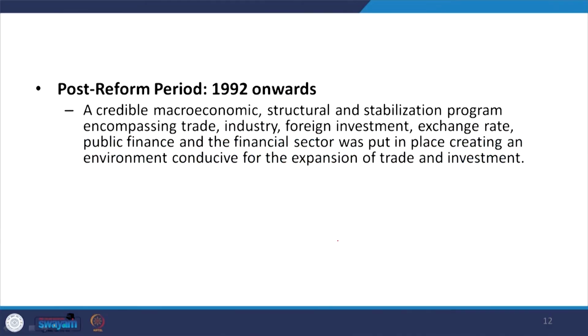A credible macroeconomic structural and stabilization program encompassing trade, industry, foreign investment, foreign exchange, public finance and the financial sector was put in place, creating an environment conducive for the expansion of trade and investment.